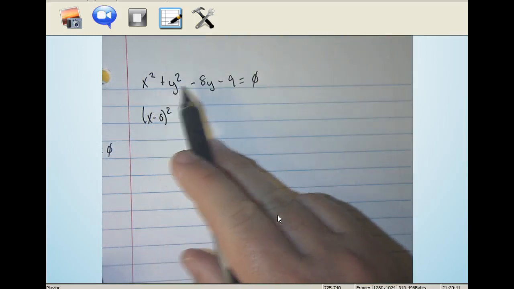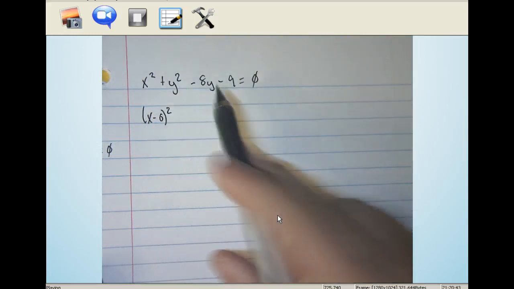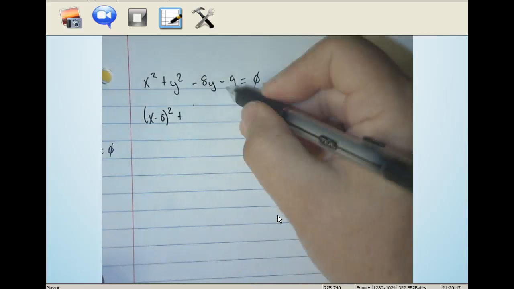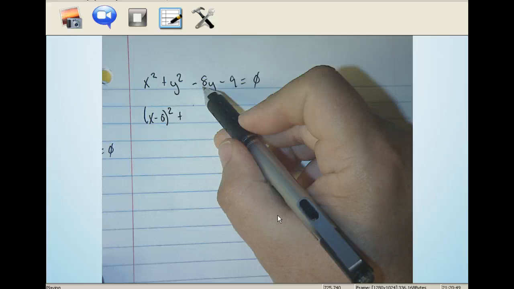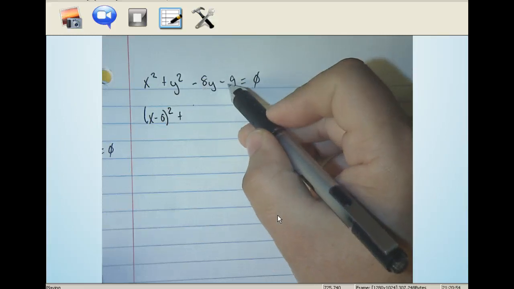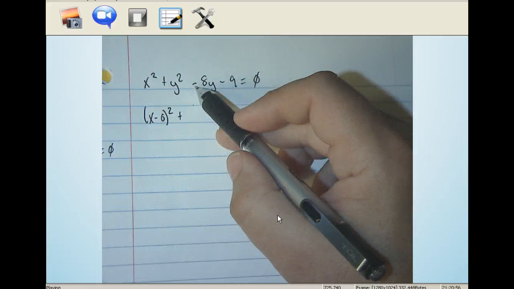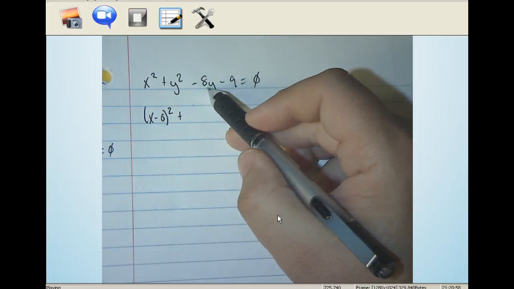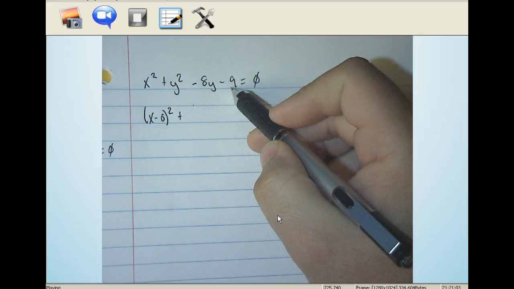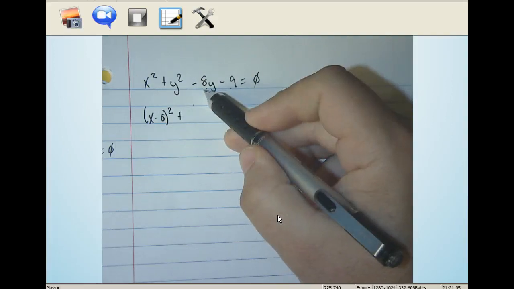So now all we have to do is factor this down, and we ask, what is y minus k? So in this case, we look here and think, I need to get the square here. So what am I going to need to add in? All right, here we go. Half of negative 8 is negative 4.